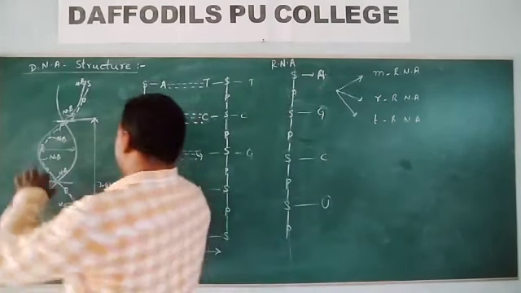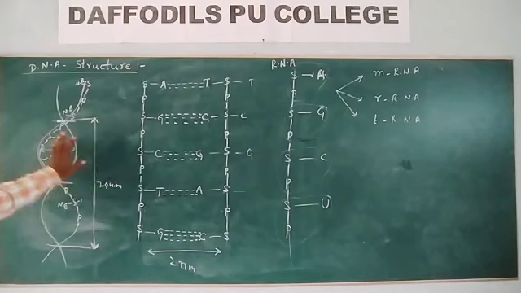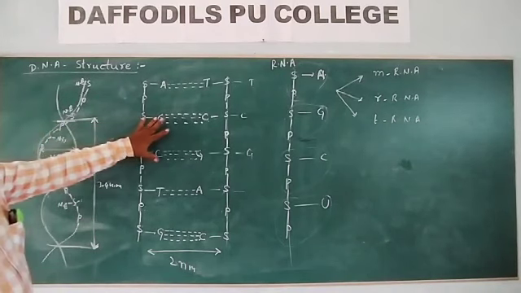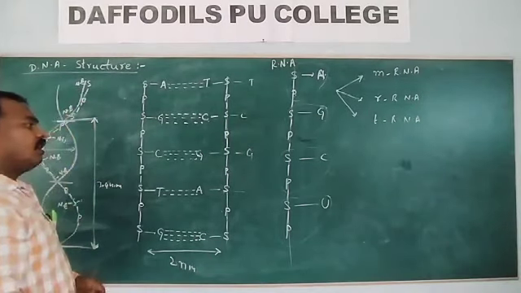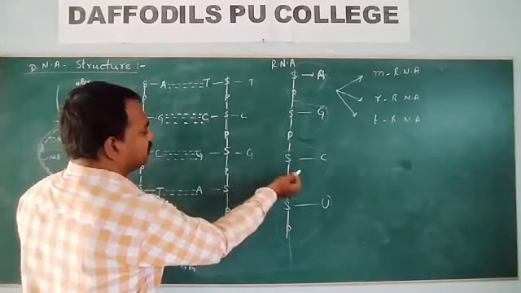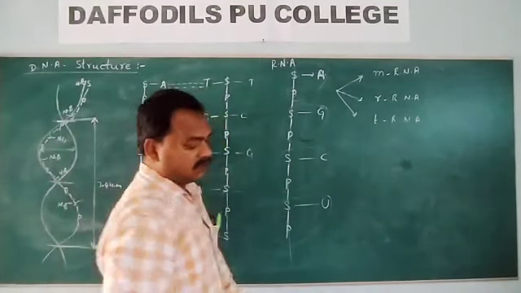So this is the helical DNA. During formation of the protein chain, this part is uncoiled. So this is the uncoiled form. After uncoiling, all these nitrogen bases are coming outside.